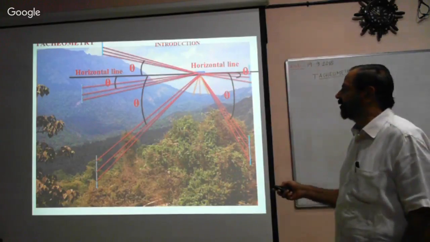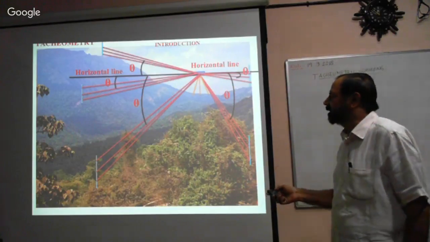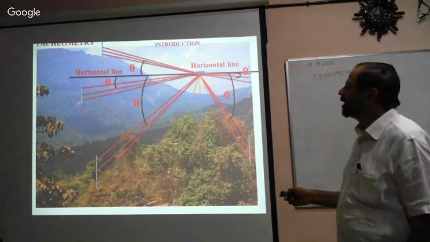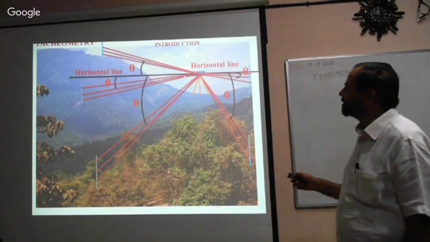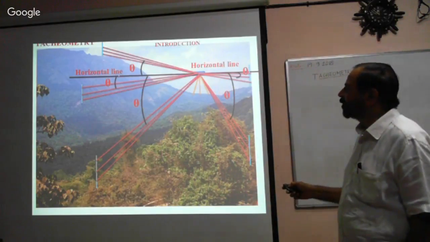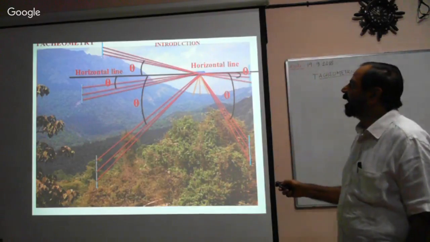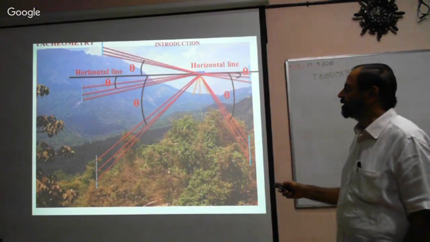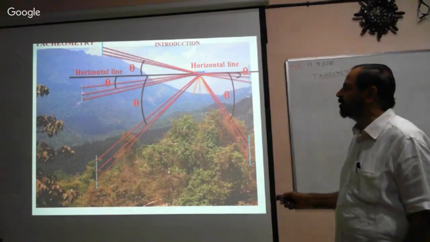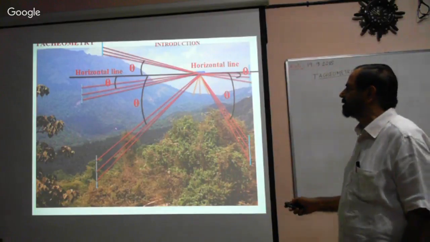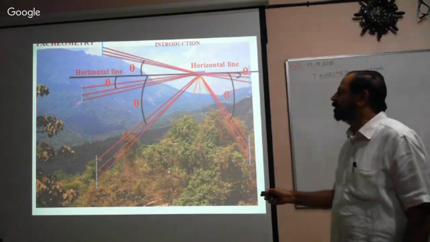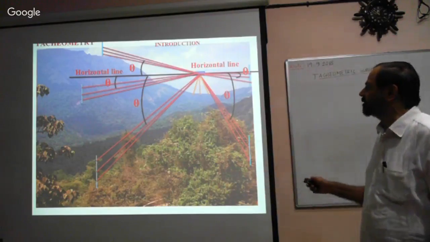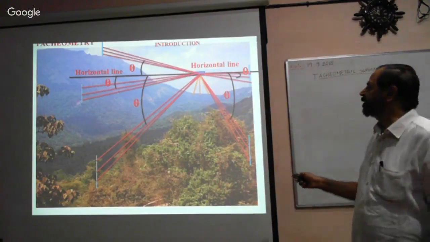In this method we measure the vertical angles and the staff readings, that is the Stadia readings: top hair reading, mid hair reading, and bottom hair reading. This is the method employed to prepare the plan of an area that is too much undulated.